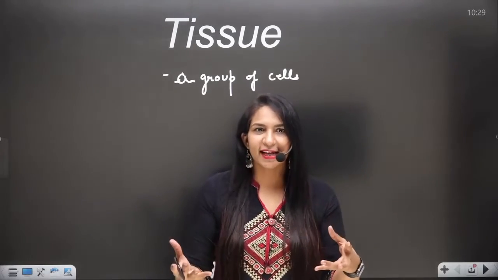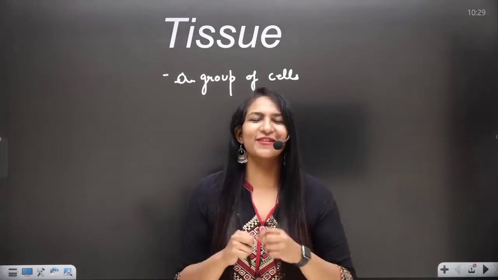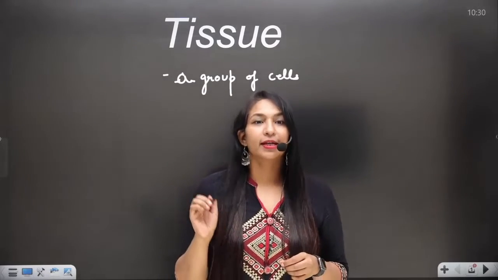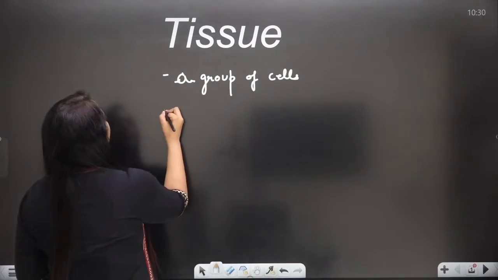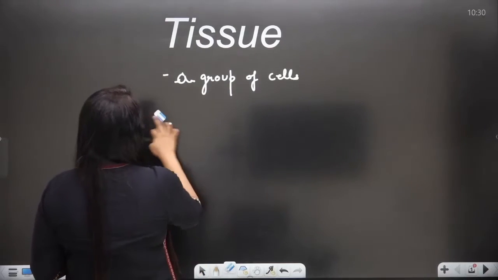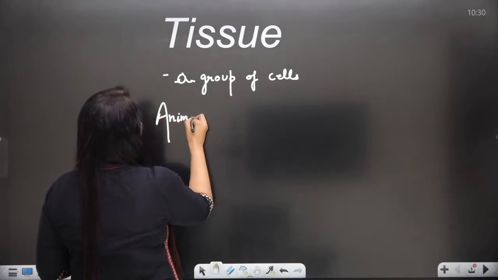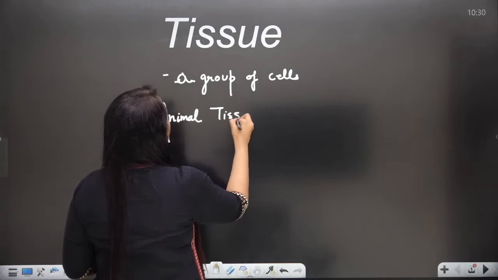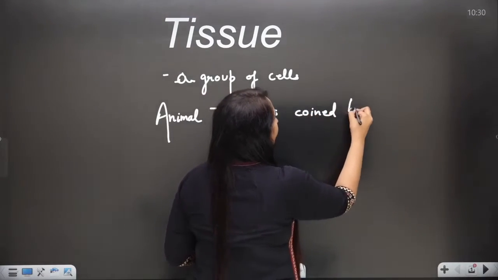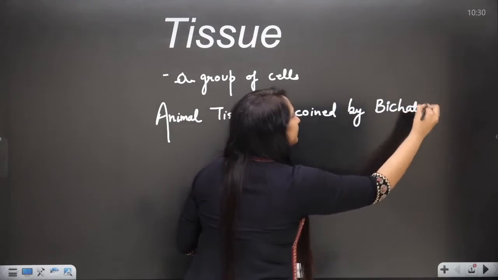और क्योंकि zoology की क्लास है, ये definition किसके लिए हो गई बेटा? एनिमल टिश्यू के लिए हो गई, right? It's for animal tissue. सो ये जो वर्ड है एनिमल टिश्यू, ये वर्ड किसने कॉइन किया था? The term animal tissue is coined by Chet.